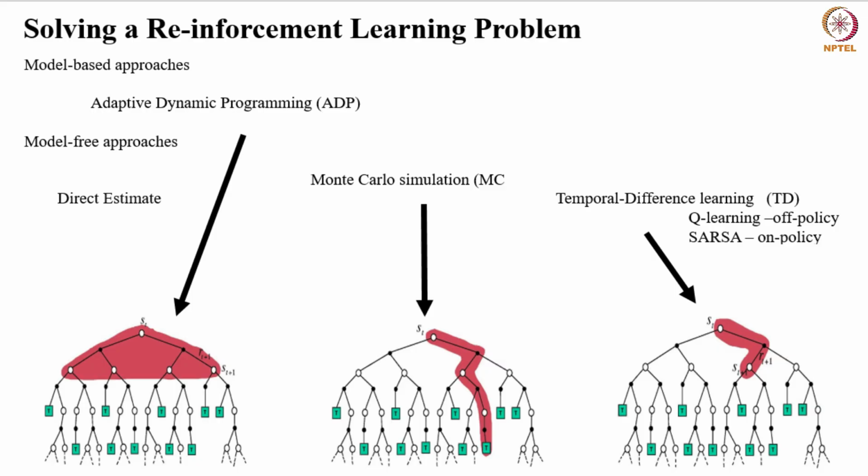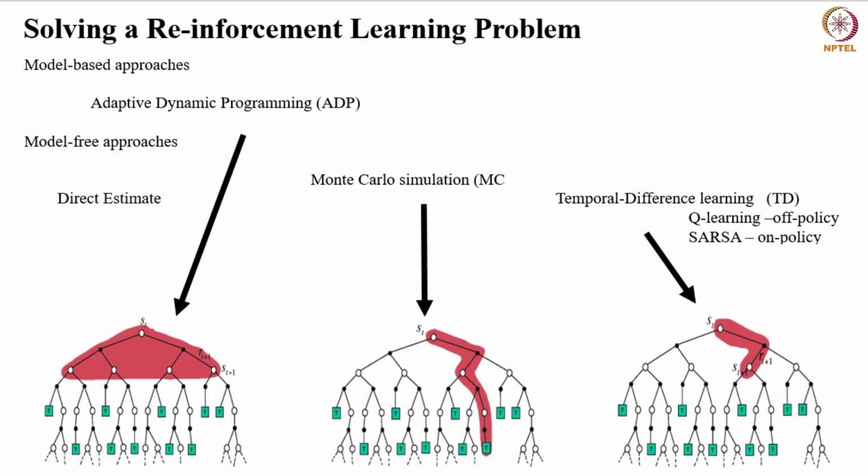And then we will mostly talk about model-free approaches. We will talk about an approach to doing a direct estimate of the value function. We will look at Monte Carlo simulation, and we will talk about temporal difference learning. And finally, we will exemplify that with a method called Q-learning.